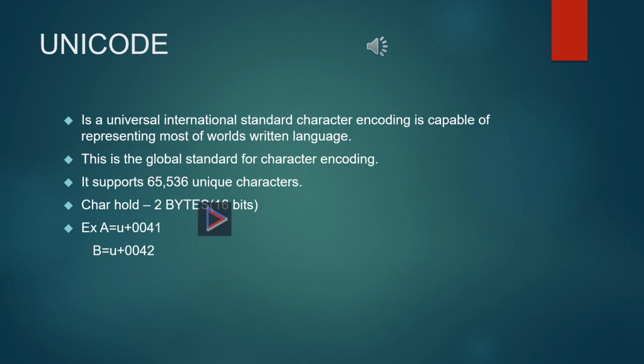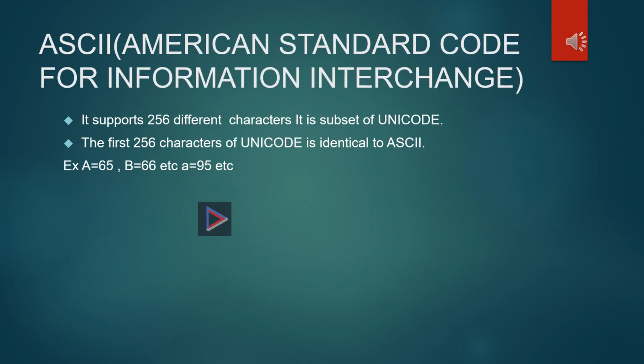Before Unicode there was the ASCII code, that is American Standard Code for Information Interchange. So what is ASCII code? The full form is American Standard Code for Information Interchange.